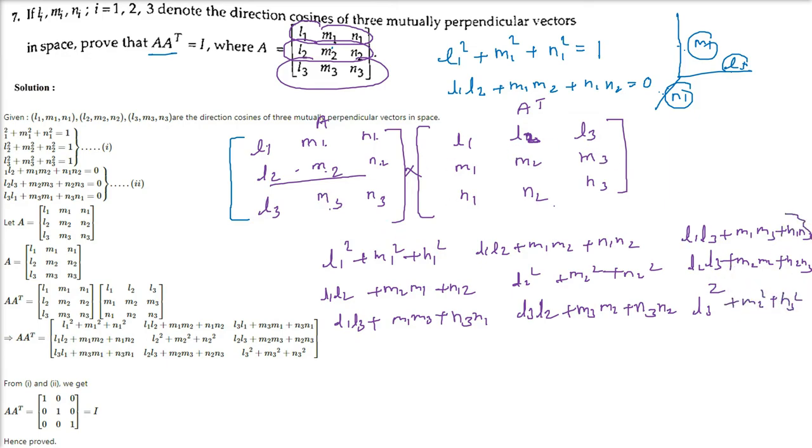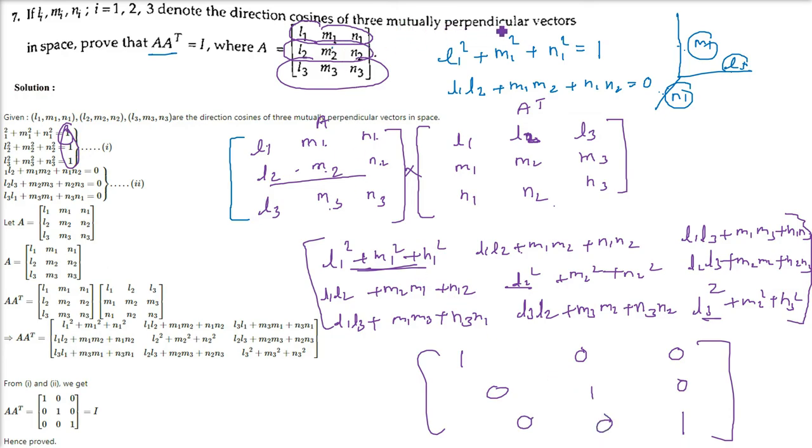What you have to do? We have already discussed the properties. All the diagonal entries will be 1. This is 1, this is 1, this is 1, as per the properties. From where has it come? From here. And what about the others? They are all zeros. You just verify this. Let me put zeros.